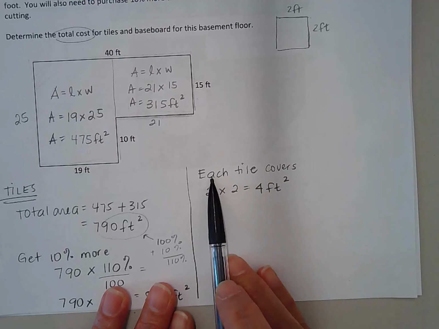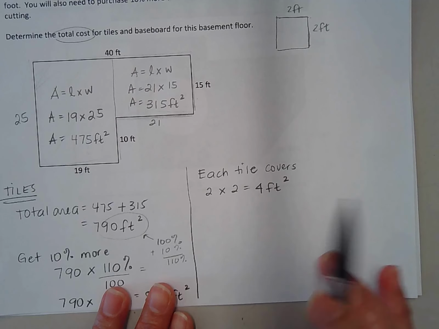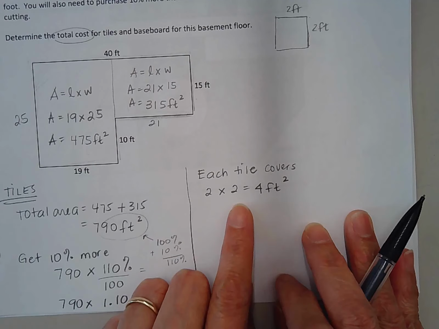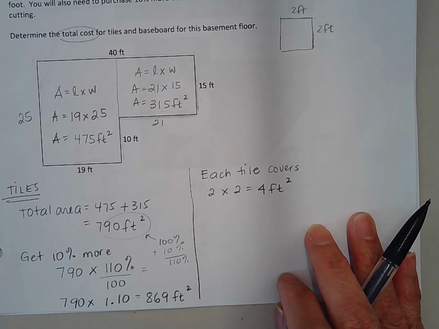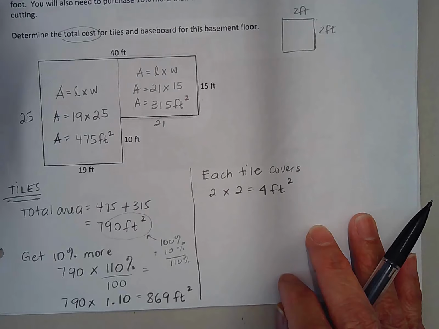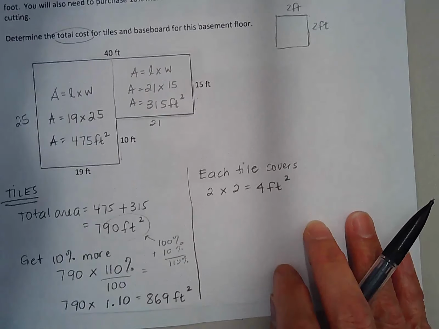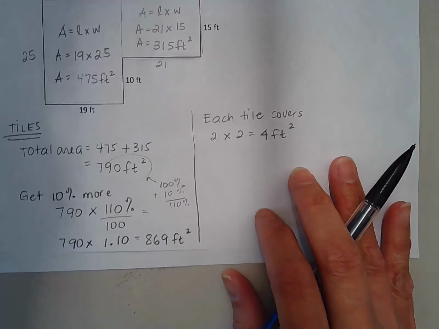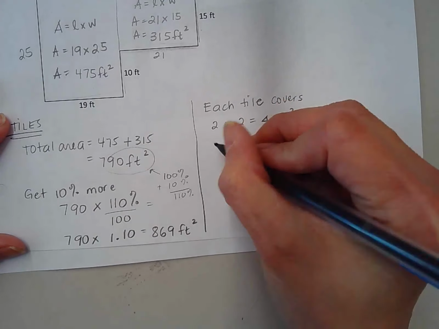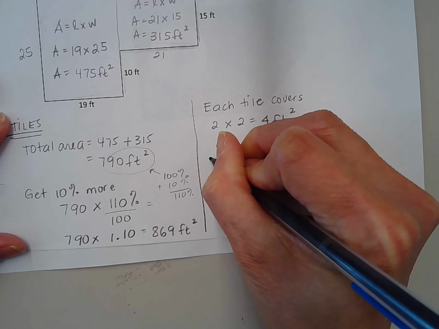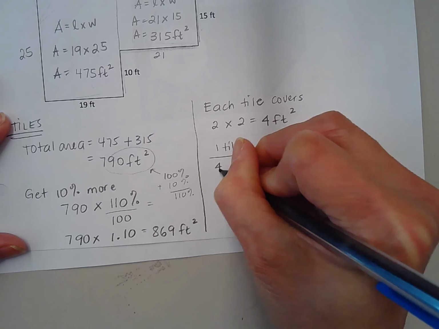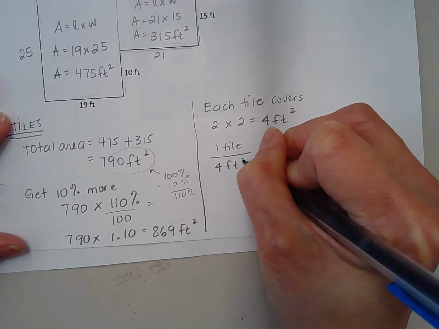So now each tile covers 4 square feet, right? This is where we left off. One tile covers 4 square feet, and this is where solving of equation comes in. So one tile per 4 square feet.